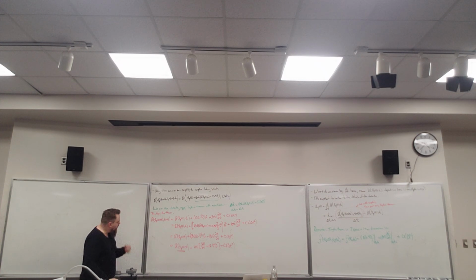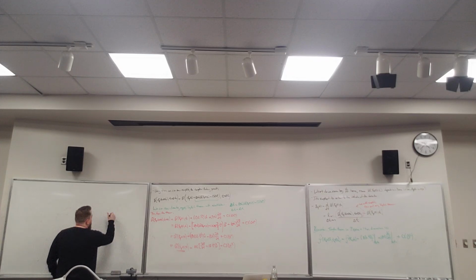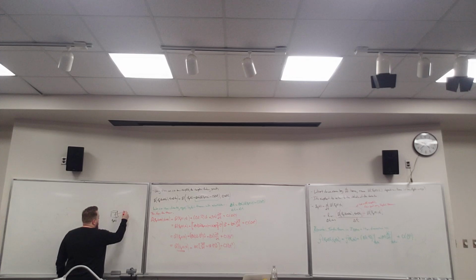So the idea is that we have our parcel, and it has a particular location xp of t, and it has a particular velocity. And that velocity is u of xp of t at t.